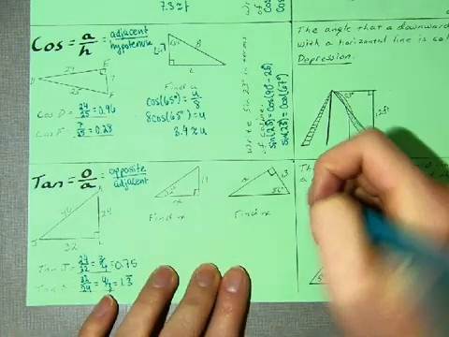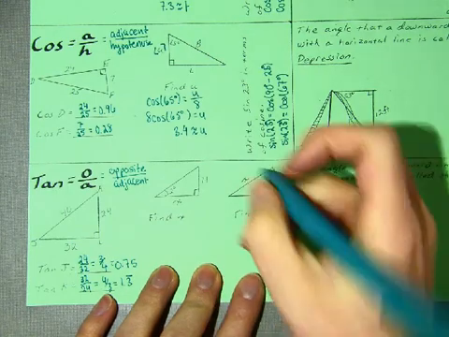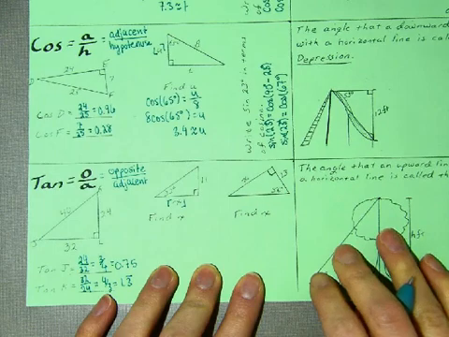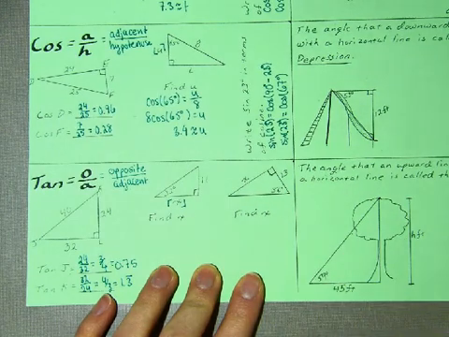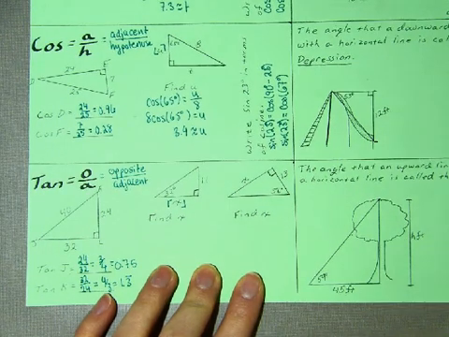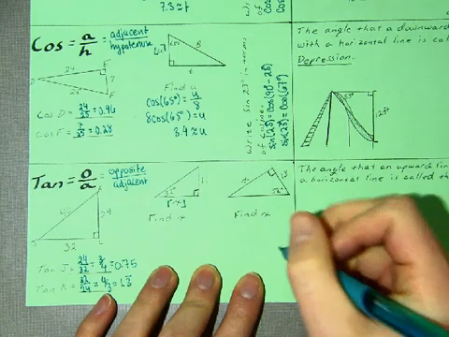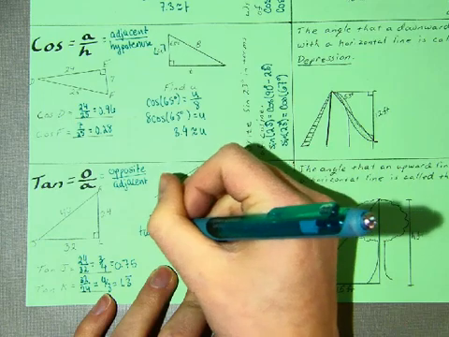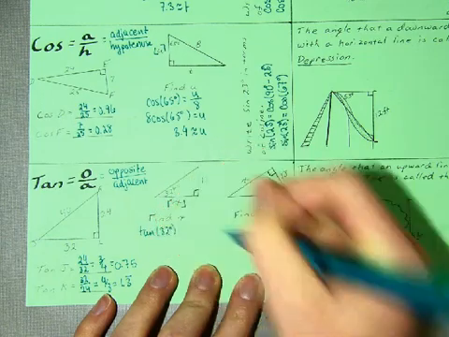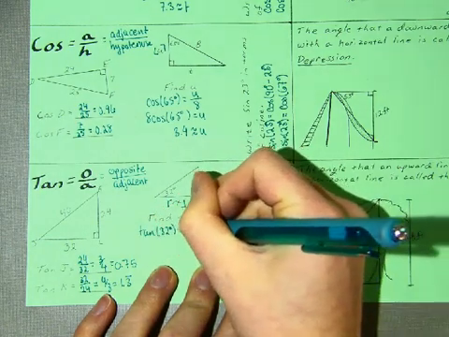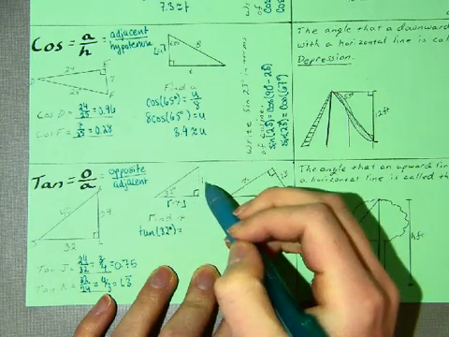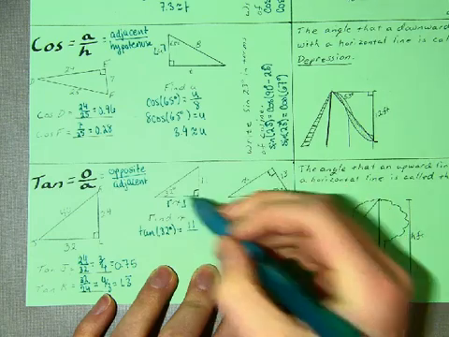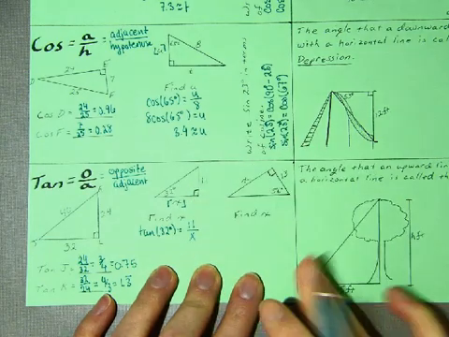So now we're going to look at some examples. We want to find x. So here, if I take tangent of 32 degrees, I can set this equal to the opposite side length, which is 11, over the adjacent side length, which is x.